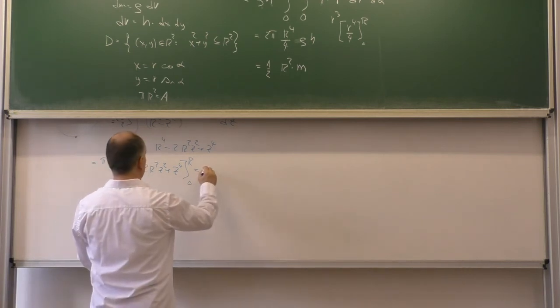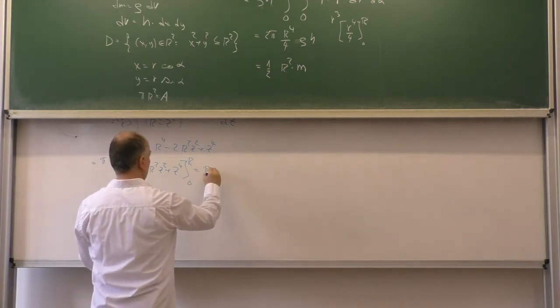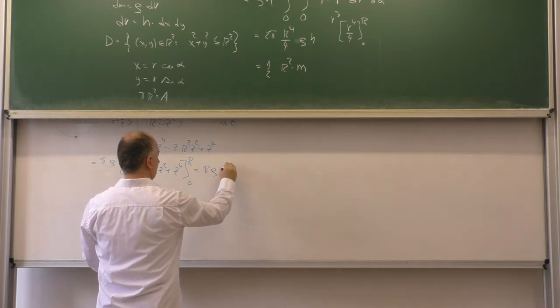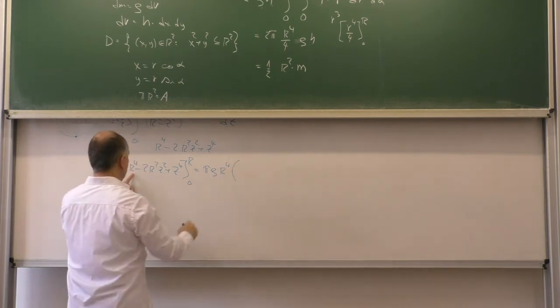We can factor out R to the 4, and we have pi rho R to the 4, and then we have 1.